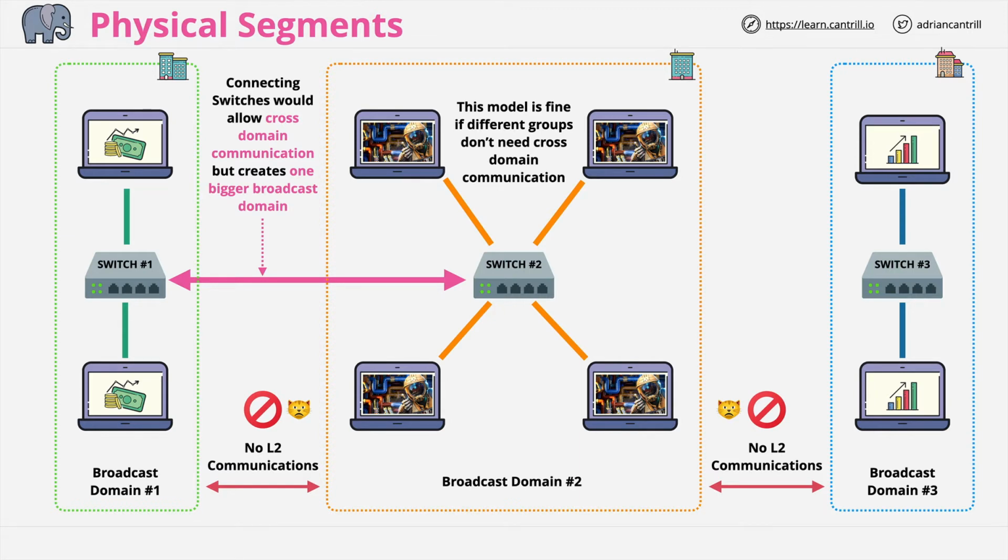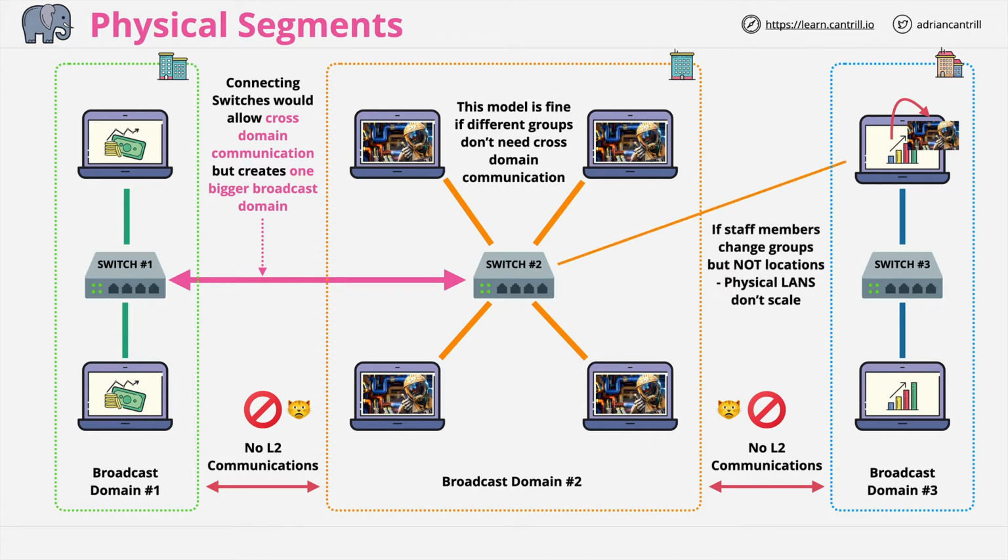What's perhaps more of a problem in this entirely physical networking world is what happens if a staff member changes role but not building. In this case, moving from sales to games tester. In this case, you need to physically run a new cable from the middle switch to the building on the right. If this happens often, it doesn't scale very well, and that is why some form of virtual local area networking is required, and that's why VLANs are invaluable.